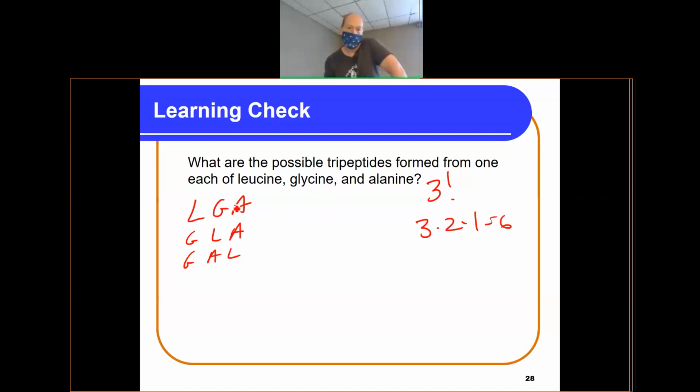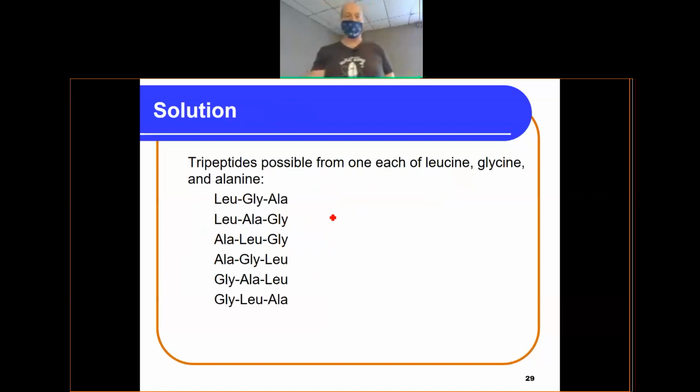You can have the L at the beginning, but then you could switch the A and the G. The L in the middle, but you can switch the A and the G. And then the L at the end, but you could switch the A and the G. All right, and so there are your 6 possible tripeptides. And again, your tripeptide, tri means 3 amino acids, and that means 2 peptide bonds.